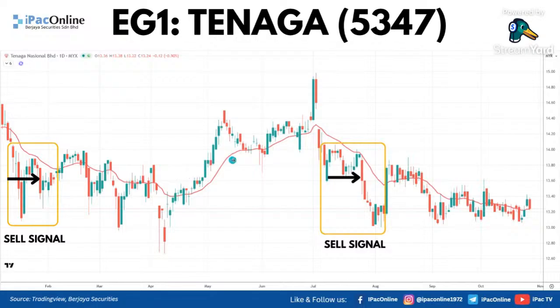This red line right over here is the moving average line, and to facilitate shorter term trading, I'm using the 20 days moving average, 20 days EMA. As the share price trades below the 20 days moving average, we are only looking for the sell signal, and as it rebounds, finds the moving average as resistance and forms a bearish reversal, this is where we'll be calling a sell signal.